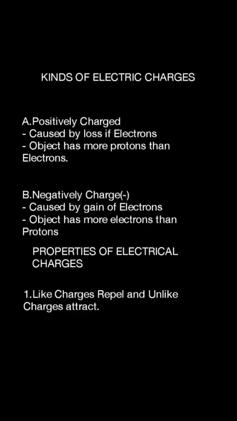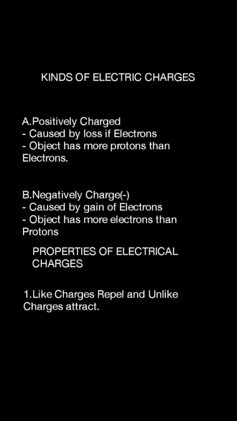For example, two negatively charged balloons push each other apart, and a charged plastic comb attracts small pieces of paper. So this is the first property of electric charges: like charges repel and unlike charges attract.